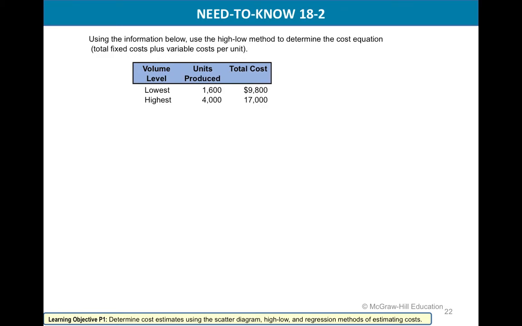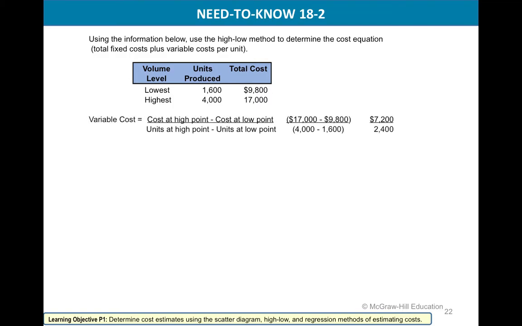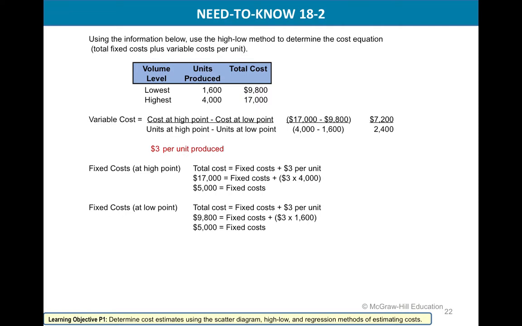I can give you an example, one we talked about earlier. Use the cost equation. Look at certain things here. Again, take the change in cost between the high point and the low point. We see here this one estimates the variable cost at $3 per unit. Again, for fixed cost, we know the total cost minus the variable portion, so now we know the fixed cost.